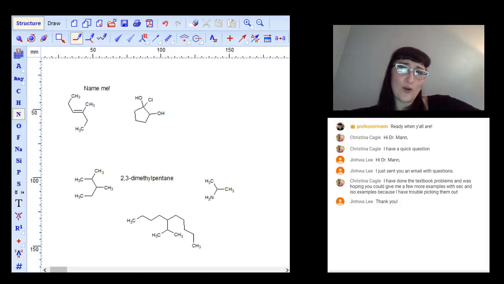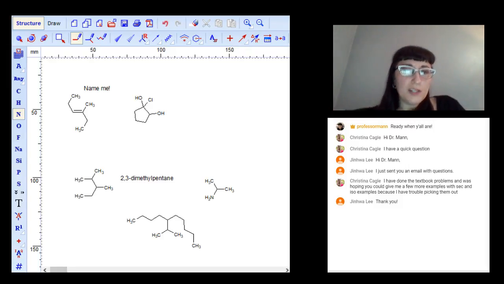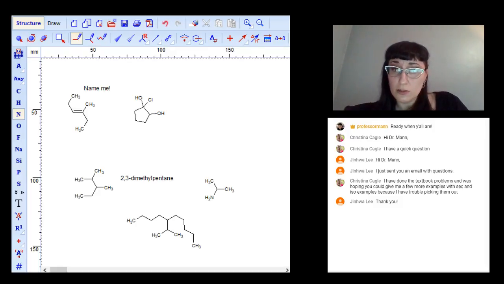Remember that iso, tert, and sec are an old-school way of naming things. They're not the approved IUPAC way, but you'll still see them used a lot. You can use it as a carbon substituent on a chain, or as the parent chain itself when you're identifying something with a functional group on it.